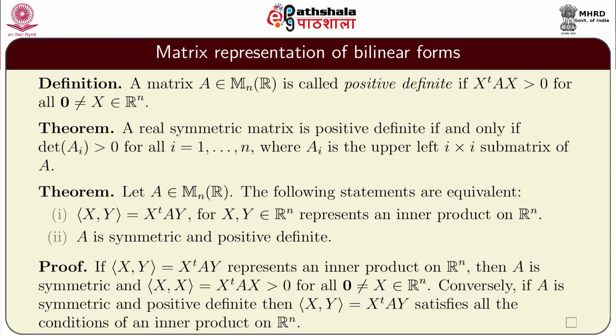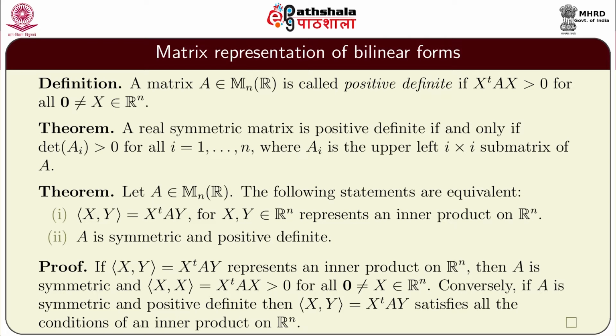Now this theorem says that let A be in M_n(R), then the following statements are equivalent. Statement 1: the inner product <x,y> equal to X transpose AY for x, y in R^n represents an inner product on R^n, and statement 2 says A is symmetric and positive definite.